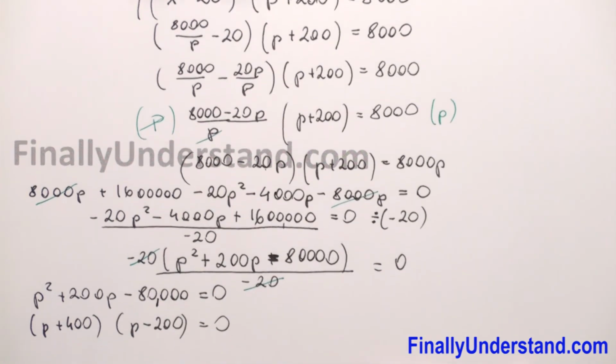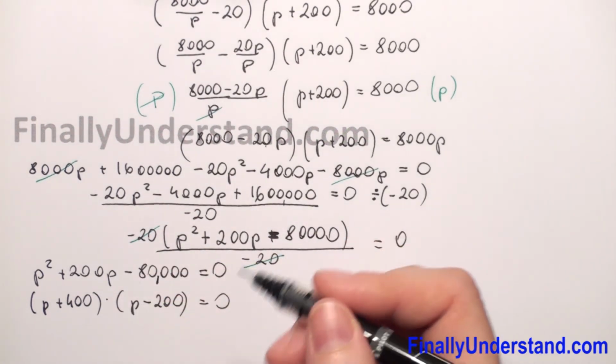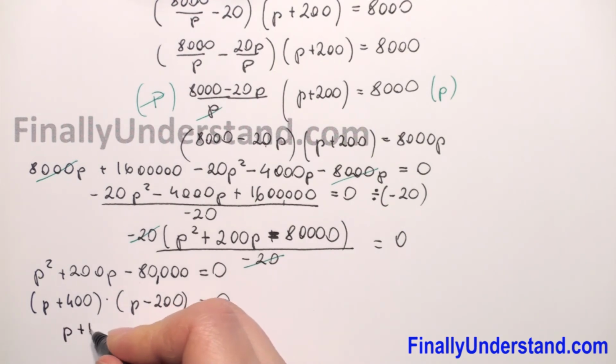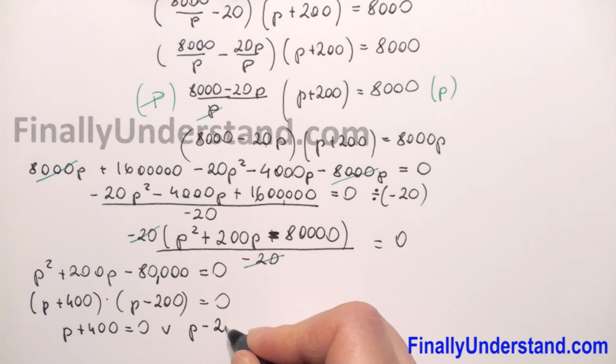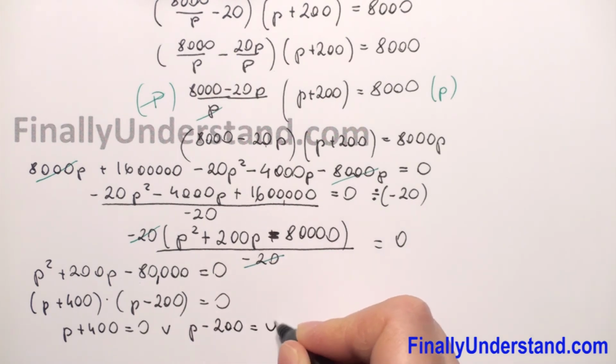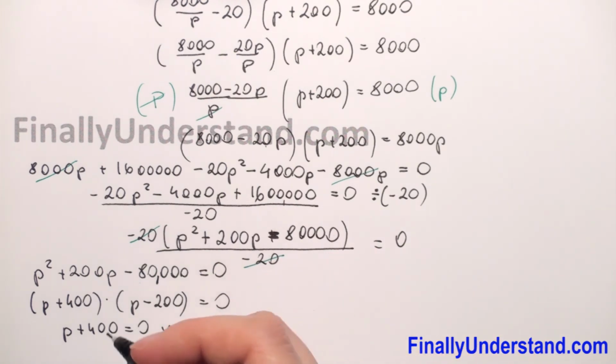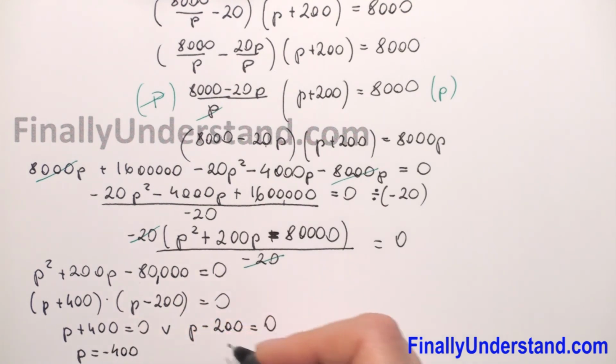Now the left side will be 0 when P plus 400 is 0, or P minus 200 is 0. So we have linear equations. P is equal, I will move 400 to the right, so it will be negative 400, and we will move negative 200 to the right, so it will be positive 200.